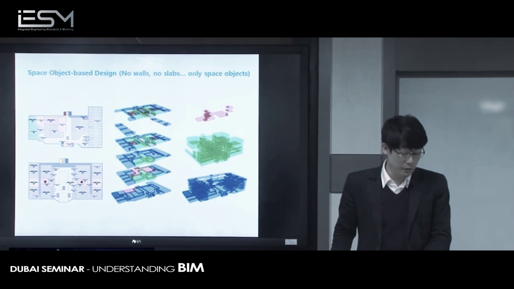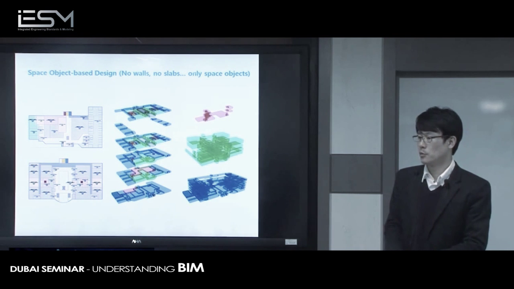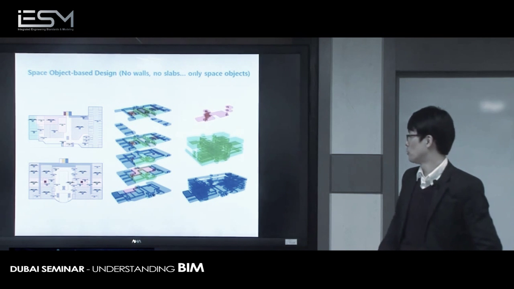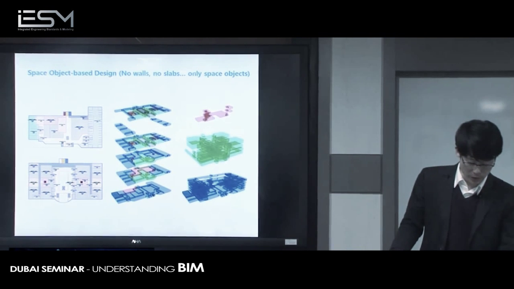But the BIM-enabled approach to design has changed this process. You can design from scratch with space objects for your final building, and then details can be added on top of those space objects.